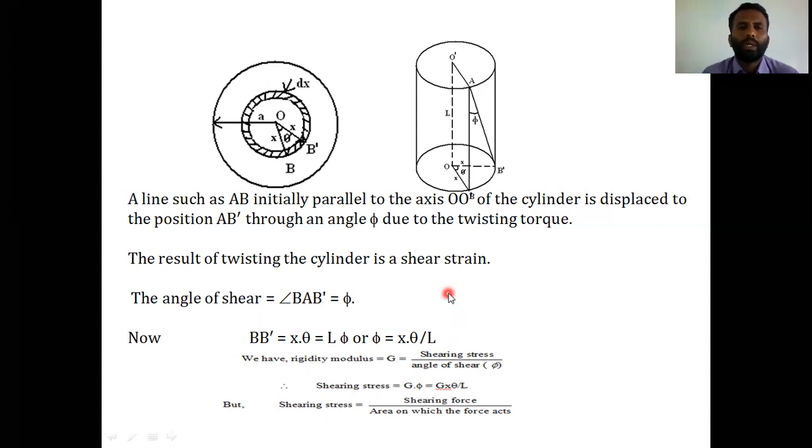We have the rigidity modulus G equal to shearing stress divided by angle of shear.